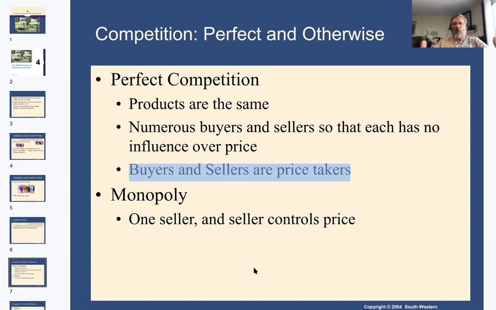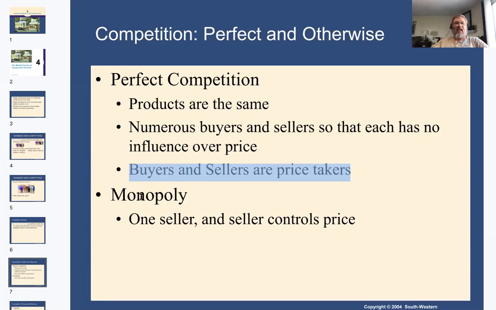So buyers and sellers don't act in a strategic way with respect to their pricing decisions because there's no way that their strategy could be effective. They're too small to actually affect what's going on in the market.